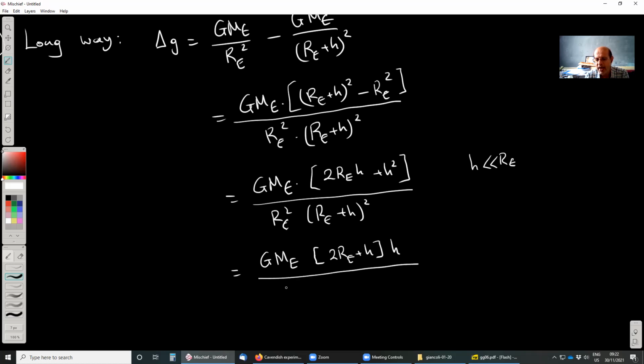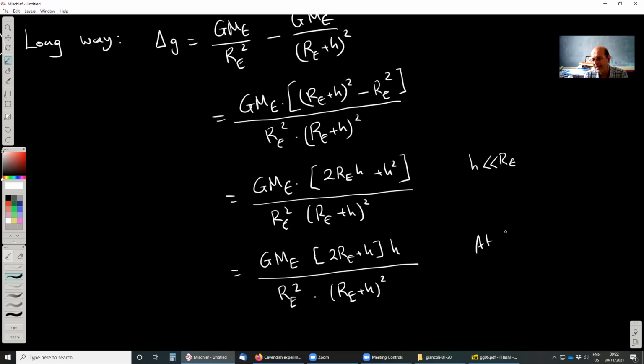But right now, I don't need that exact expression, right? Because the idea in here is that I just obtain this little h in here. So I know that this expression will be non-zero. So at this point, then I can eliminate all h's when they are next to this R_E.